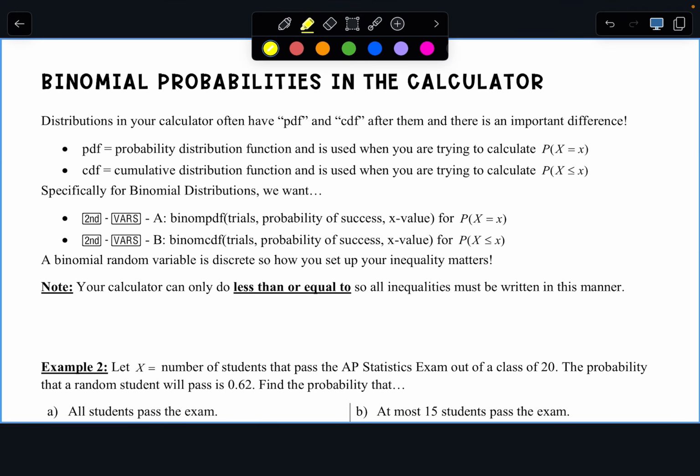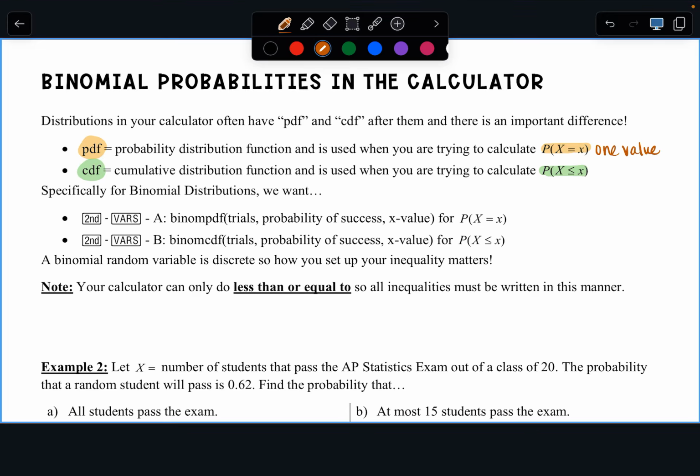There are 2 functions in your calculator that are going to be useful to you. There is a PDF function and there is a CDF function. The PDF is going to be looking for an exact value. The CDF is going to be looking for less than or equal to a value. So for the equal to, you're only interested in one value.